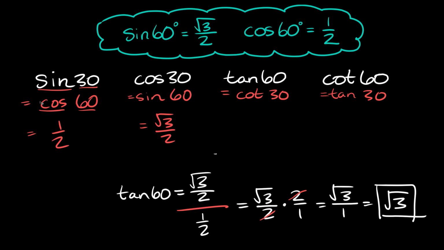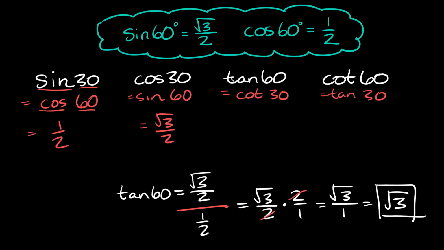All right, now let's clear some room for the last one. Boom. All right. Now the last one over here that we're looking for is the cotangent of 60 degrees. All right, so like we said, tangent and cotangent are cofunctions. However, like I said at the very beginning, these are also reciprocal functions. All right, so that means whatever tangent is equal to, cotangent is going to be equal to the same thing. It's just going to be flipped.